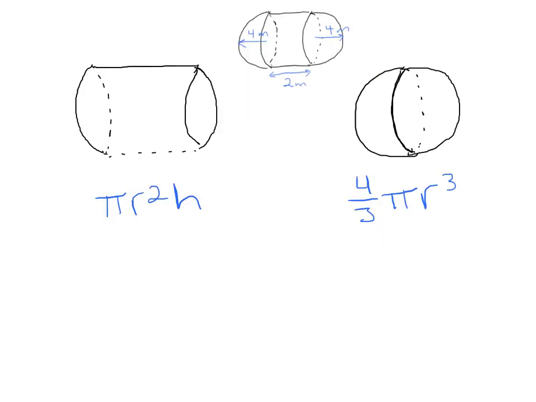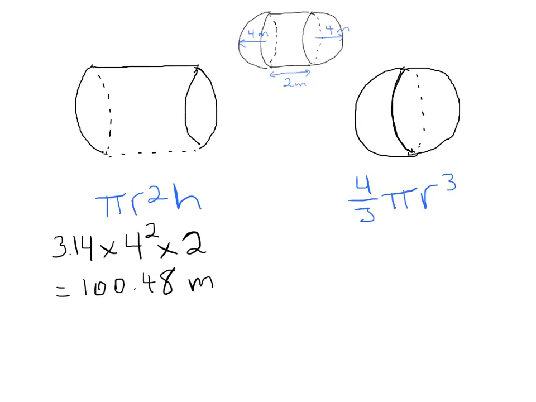So calculating the volume of the cylinder first would be 3.14 times the radius squared times the length of the cylinder, which gives us 100.48 cubic meters.